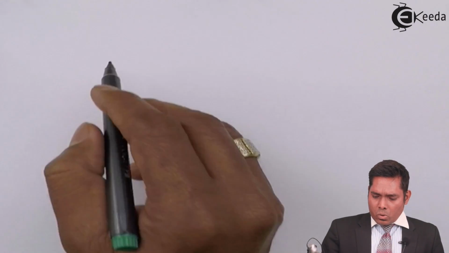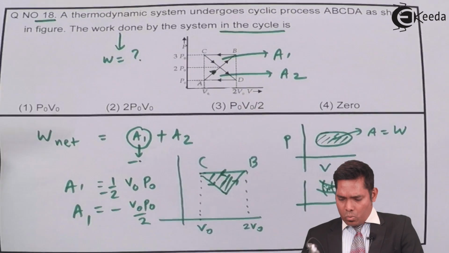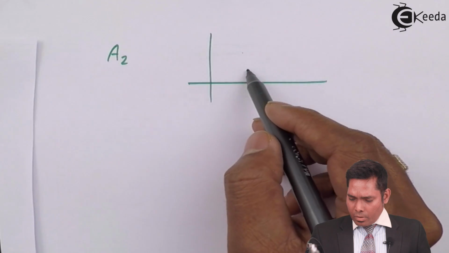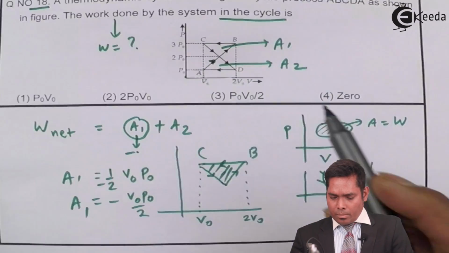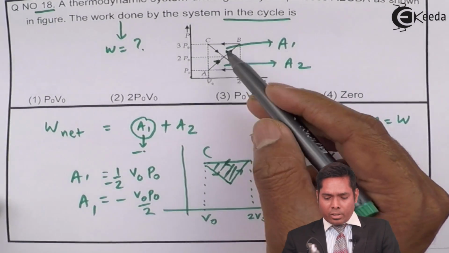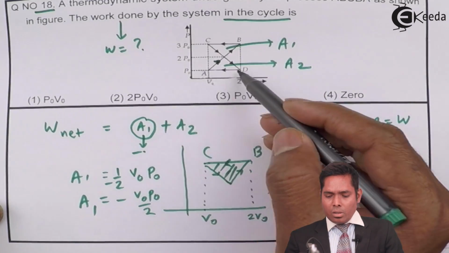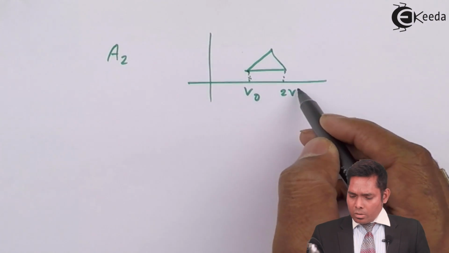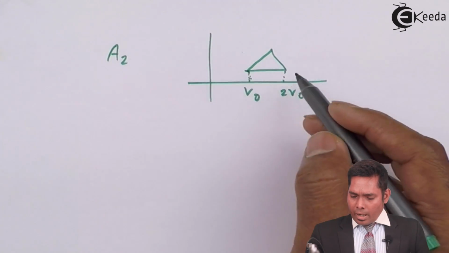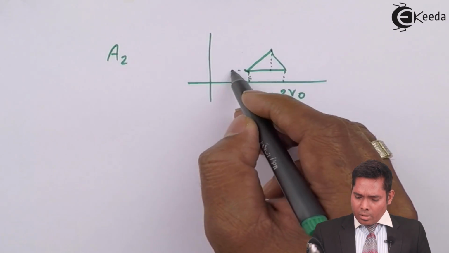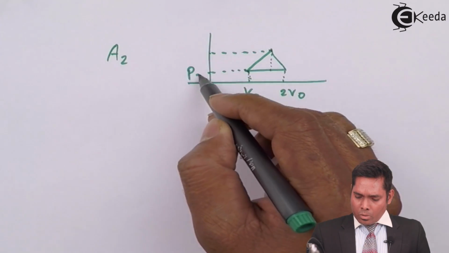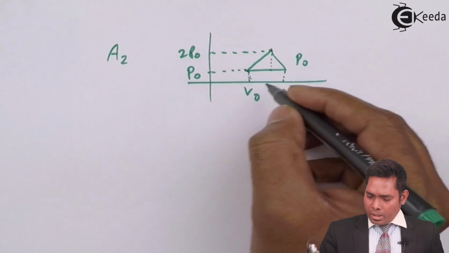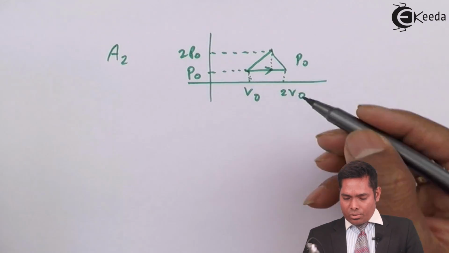What about the area for A2? I have a situation like this, just below that. These two triangles are exactly equal, because the base is V naught, from V naught to 2V naught, and the height is from P naught to P naught, so the height is P naught.